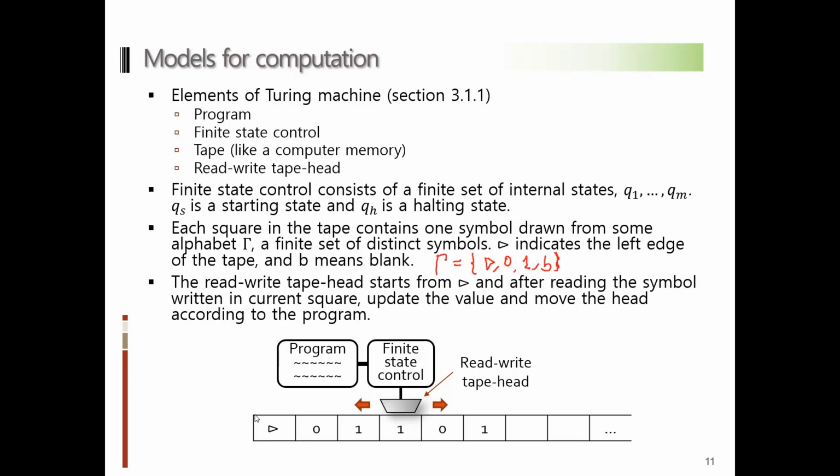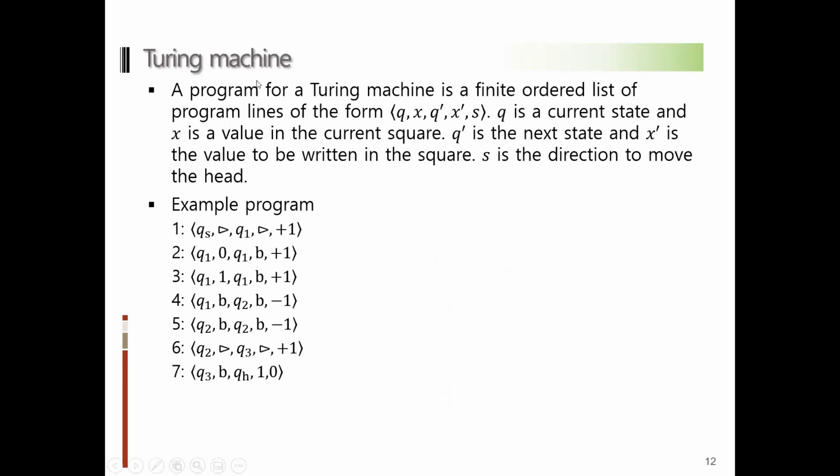I guess it still is not clear for some of you who are not familiar with the concept of the Turing machine, so let me give you an example. The program for the Turing machine is generally expressed in this kind of form. The first term means the current finite state.